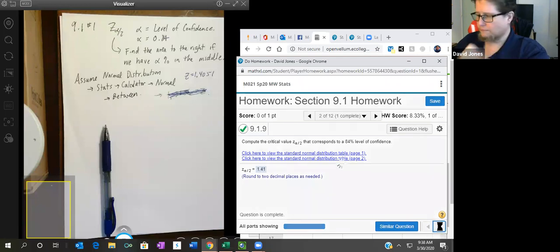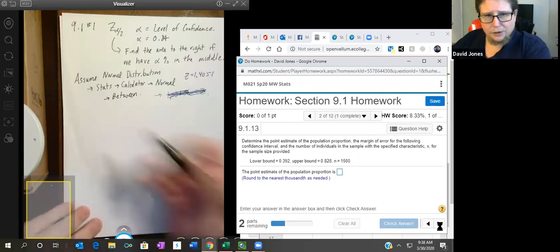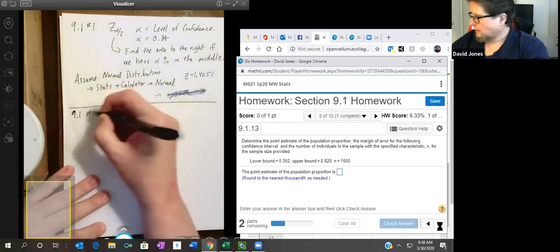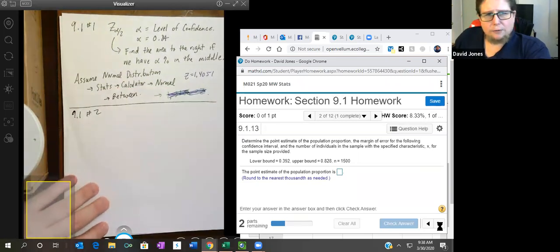Let's take a look at number 2. So they want us to determine the point estimate of the population proportion, the margin of error for the following confidence interval, and the number of individuals in the sample with the specified characteristic X for the sample size provided.